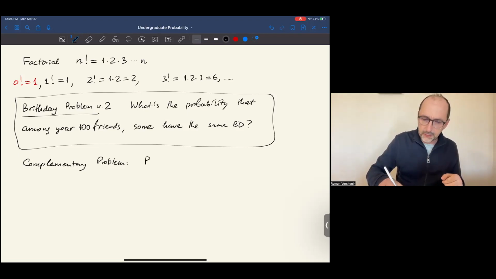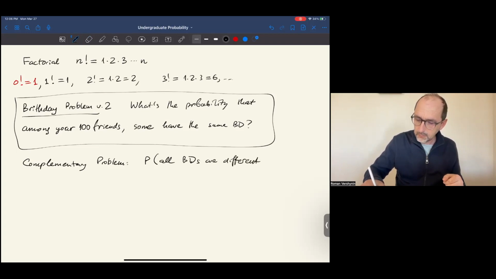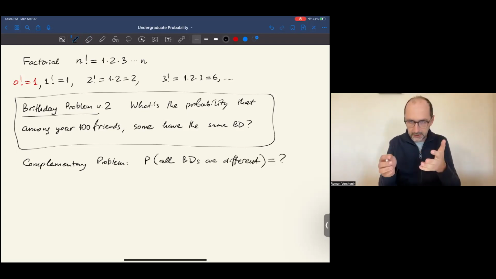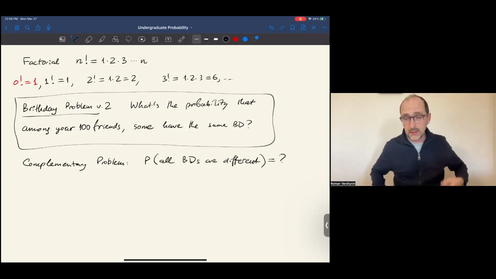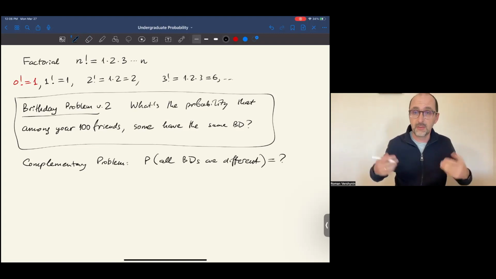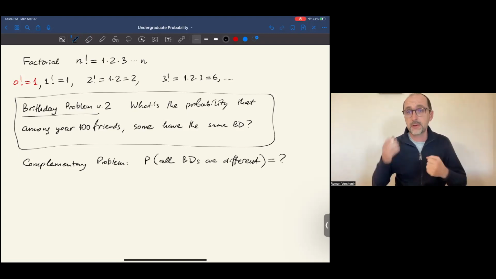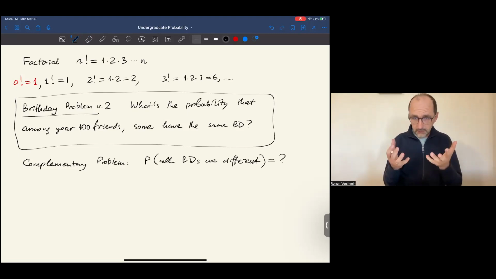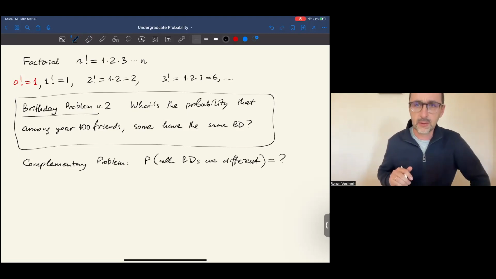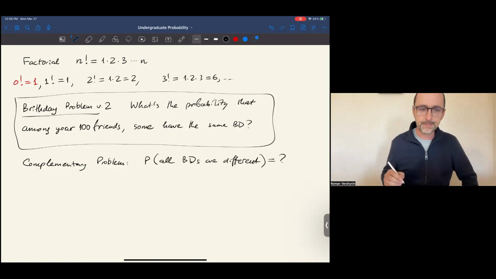So we would like to find the probability that all 100 birthdays are different. If we find that probability, we will just subtract it from 1 and get the answer to the original problem, because the sum of the probabilities is 1. There are 2 options. Either all birthdays are different or some are repeated. No third option. Therefore, the sum of these 2 probabilities should always be 1.